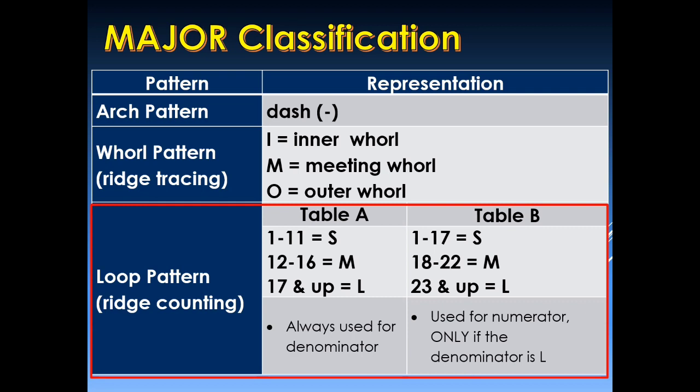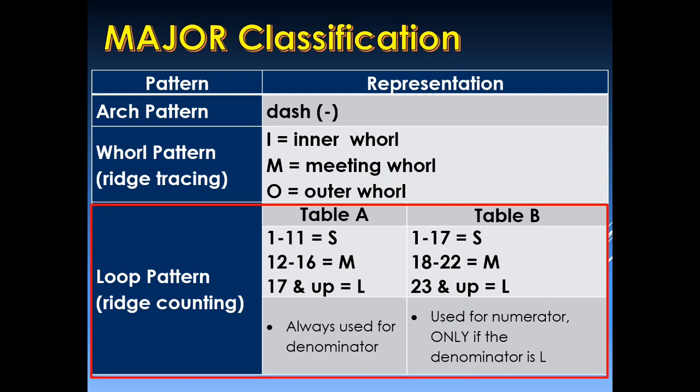So if the ridge count is 1 to 11, we are going to represent it with letter S. If the ridge count is 12 to 16, we are going to represent it with letter M. And if the ridge count is 17 and above, we are going to use letter L. Take note that these letters should be capitalized.